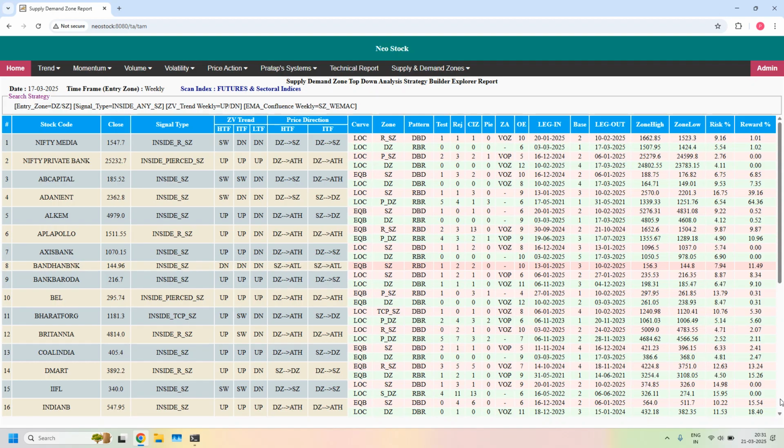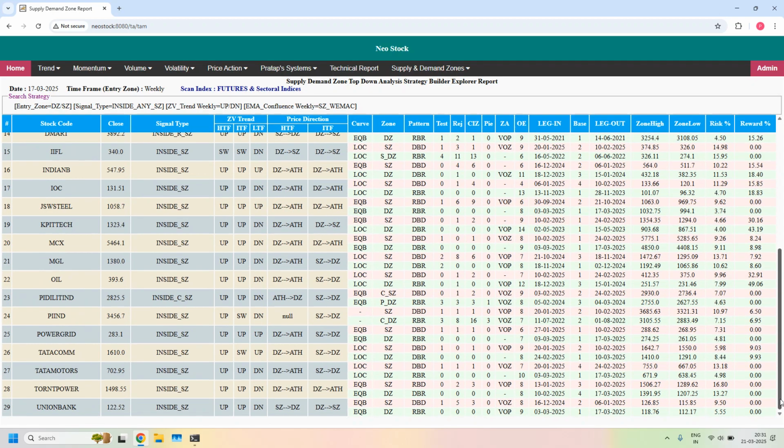Scrolling the list down. So total 29 stocks are filtered. So in all these 29 stocks, the weekly price is closed inside the weekly supply zone, and these weekly supply zones are having weekly EMA Confluence.